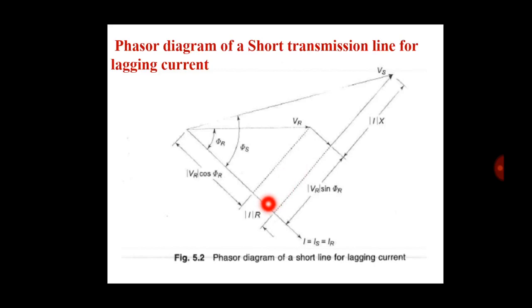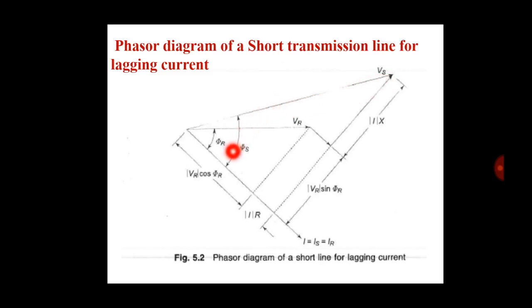R is equal to small r into length, so it is the resistance per phase per length. Here is I into R, and at 90 degrees I into X, as we already know. This point and this point are joined, and we have Vs.